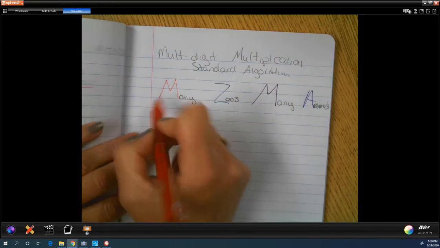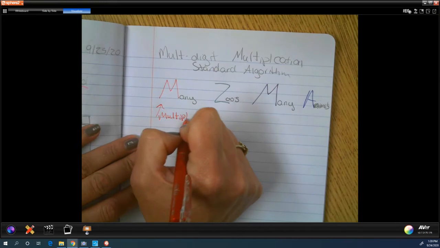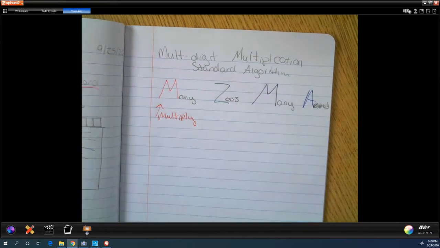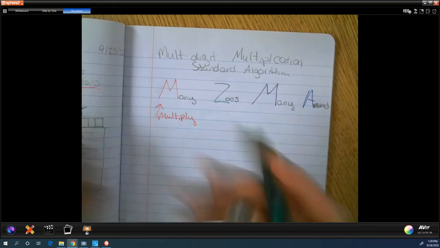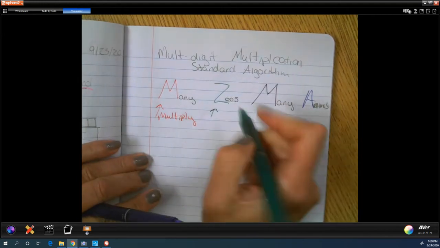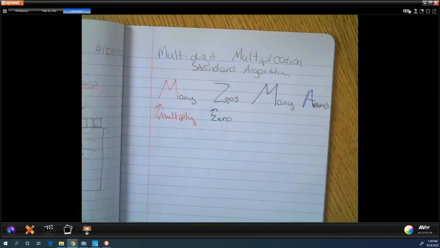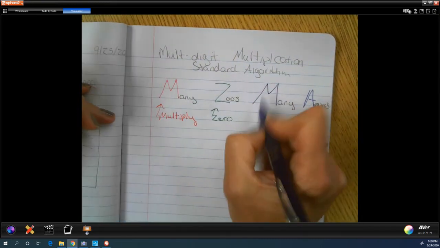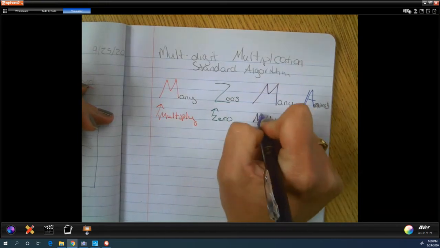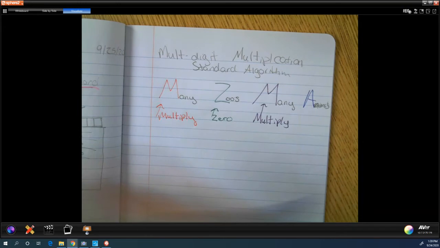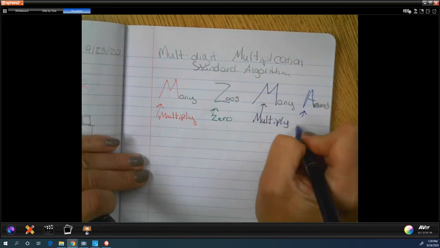And my M is going to stand for multiply. My Z is going to stand for zero. My M is going to stand again for multiply. And my last A is going to stand for add.